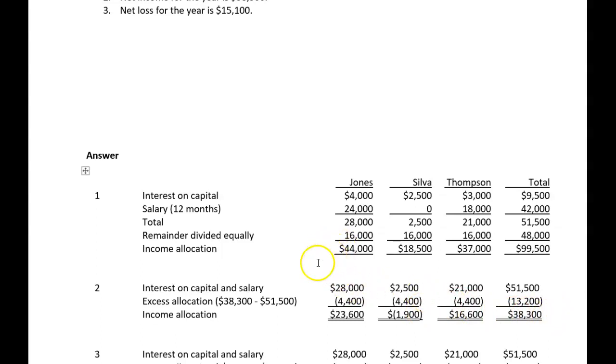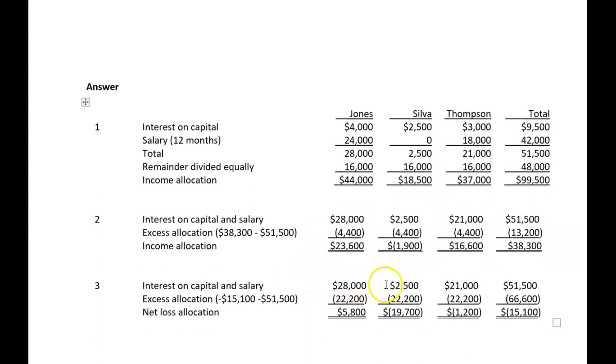And the third one is a situation where the partnership had a loss. So you go through the same top line, right, and get those items in place. And then what you wind up with is a larger negative, the loss of 15,100 plus this 51,500 that you have identified as being allocated to the partners in specific ways.